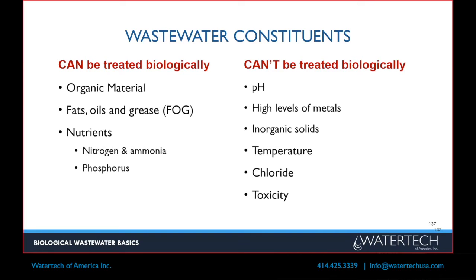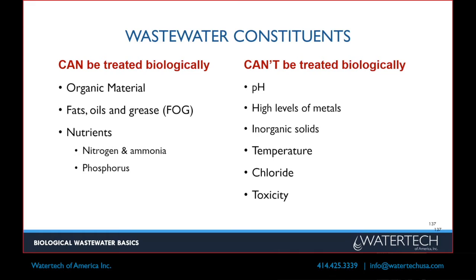How many people knew that temperature was a pollutant? That's more and more the case these days. Dairies, when they discharge water, it can't be too warm because the high temperature water can affect the biology in the receiving stream where they discharge. The temperature will kind of go down in a biological system, but we're not controlling it.